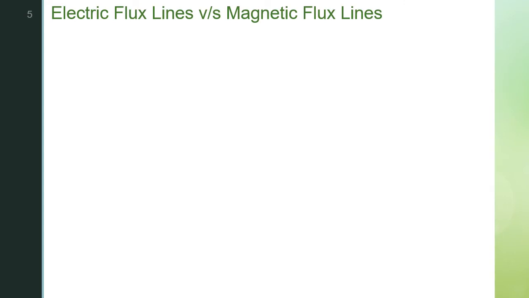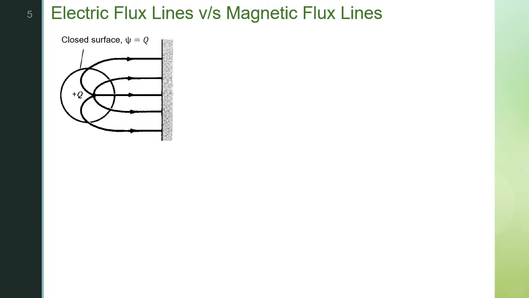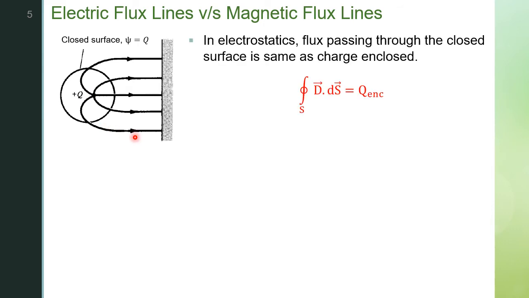Now we will compare the properties of magnetic flux lines with the electric flux lines which we observed in electrostatics. When you consider a positive charge, the electric field lines or flux lines radiate outward.